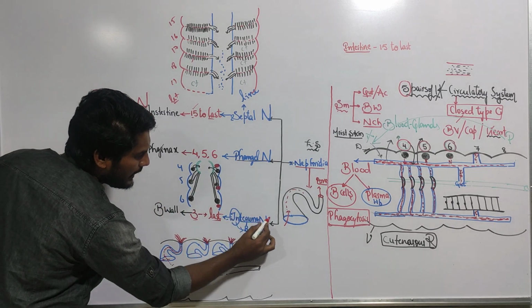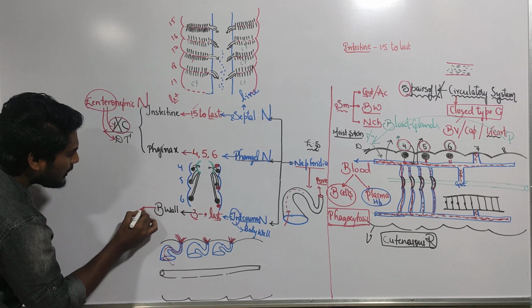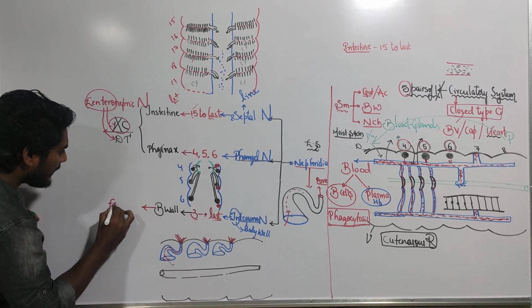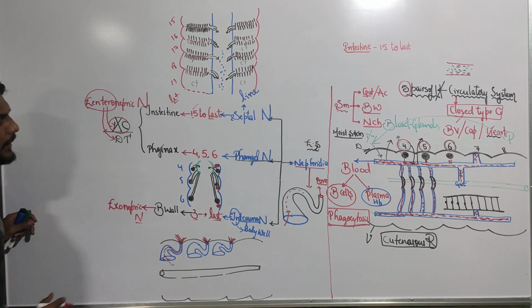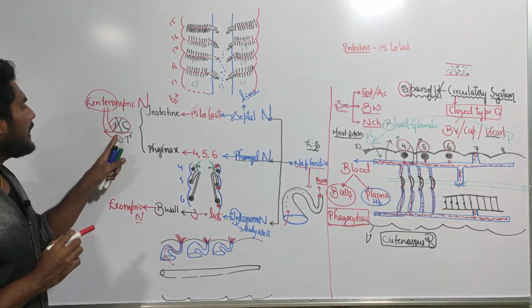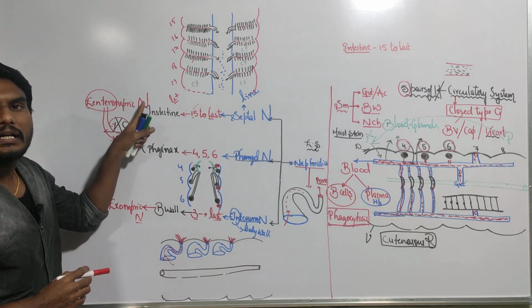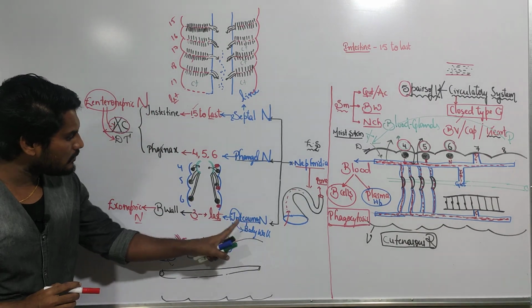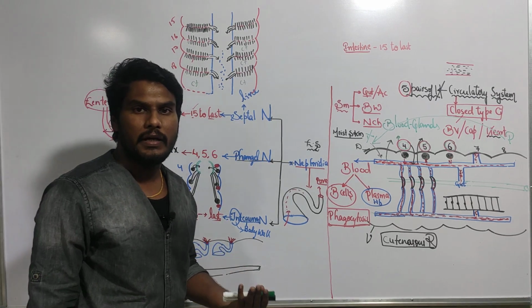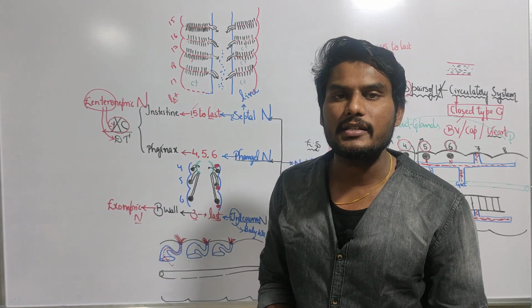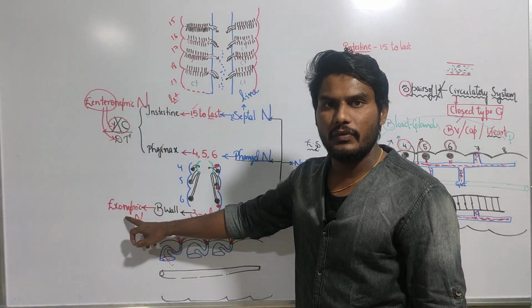So because of that it is called integumentary nephridia, and these nephridia we call exonephric nephridia. If nephridia are opening into the alimentary canal, they are enteronephric nephridia. If they are eliminating out through the body wall, they are called exonephric nephridia. So based upon function, there are two types of nephridia: enteronephric and exonephric.